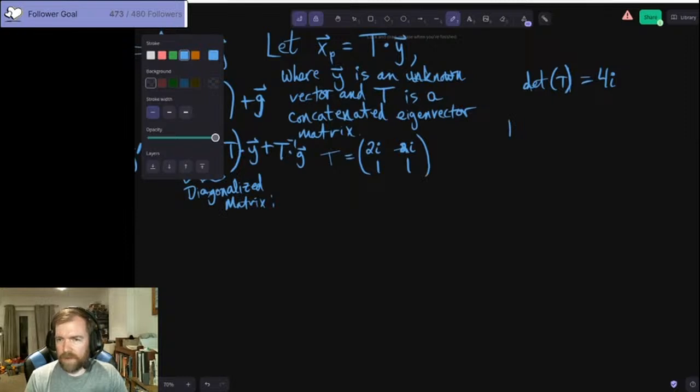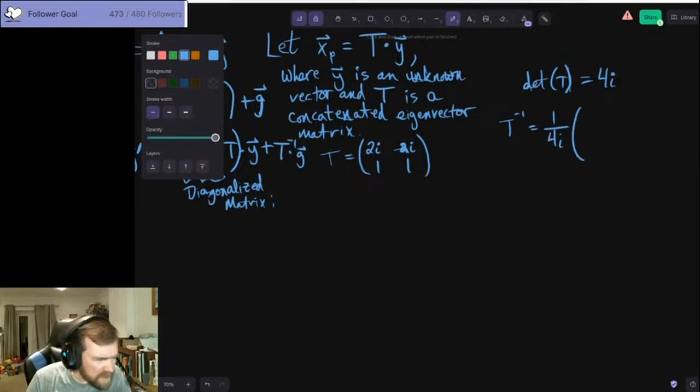And T inverse is therefore going to be 1 over 4i multiplied by the matrix that is, what is it, negative along the main, and swap the off.